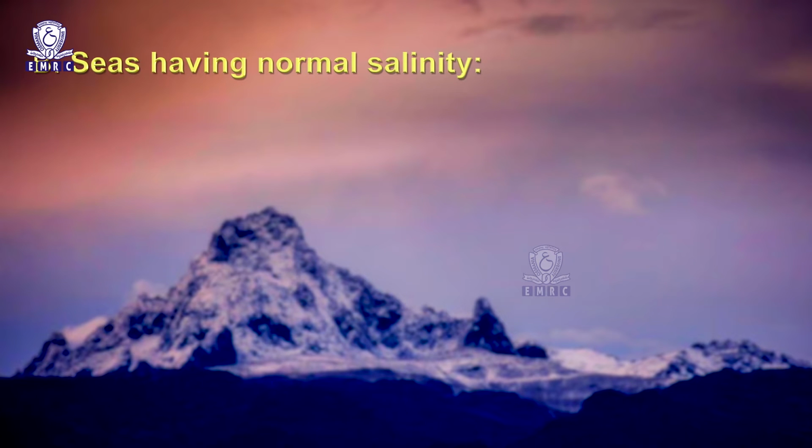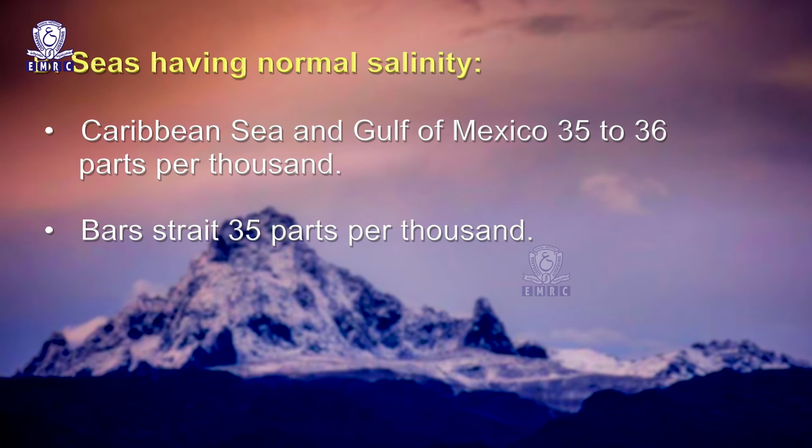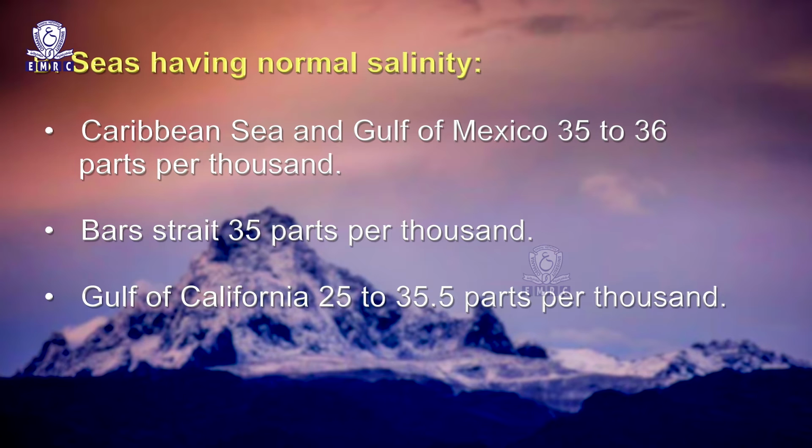Seas having normal salinity: Caribbean Sea and Gulf of Mexico 35 to 36 parts per thousand, Bass Strait 35 parts per thousand, and Gulf of California 25 to 35.5 parts per thousand.